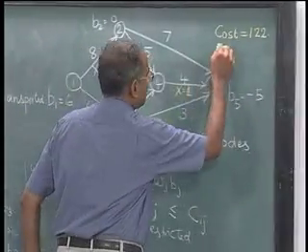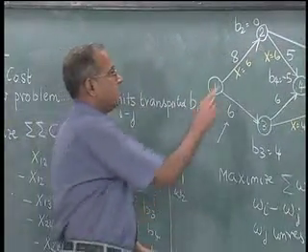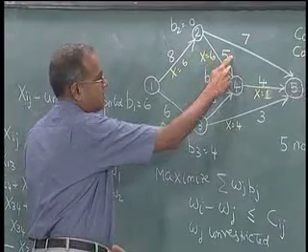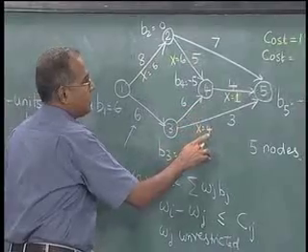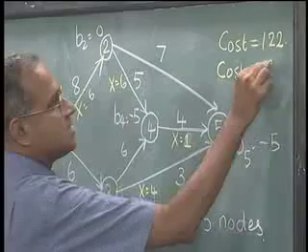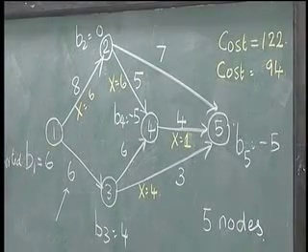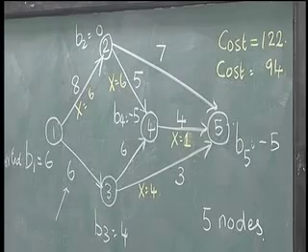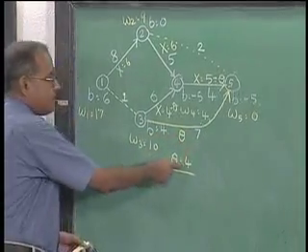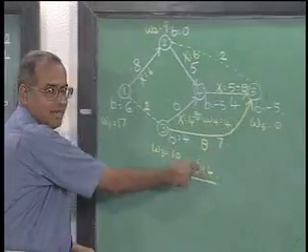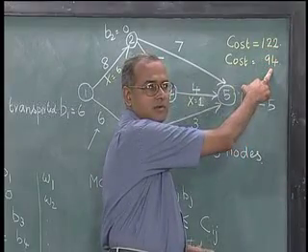Now, the cost associated with this solution will be 6 into 8 is 48, 6 into 5 is 30, 78, 78 plus 4 is 82, 82 plus 12, which is 94. Now, 94, and there is a saving of 28, and the 28 comes from the fact that Cj minus Zj is 7, theta is 4. So, 7 4s are 28. So, the cost reduces from 122 to 94.